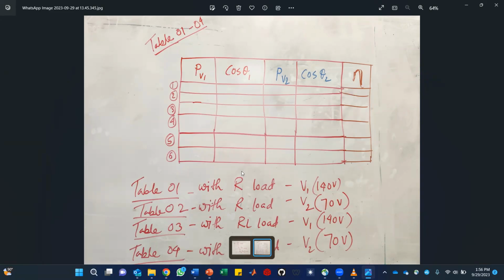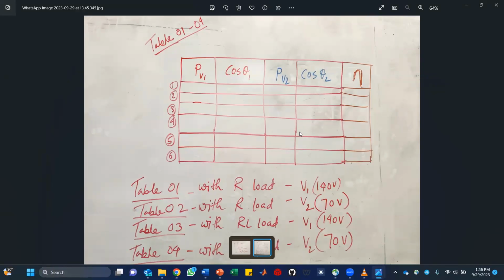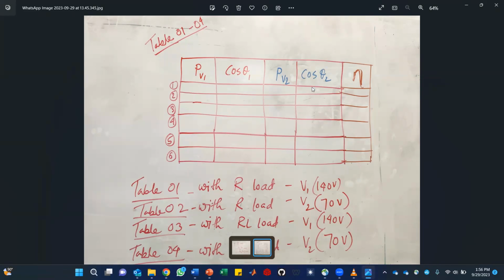For the second setup, which is RL load, we will supply 140 volts to the primary side once, and we'll adjust the secondary's power factor and change R values. There will be 6 steps and 6 values of resistance having the same power factor on the load side. So we'll do that.